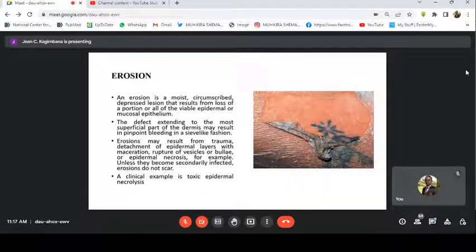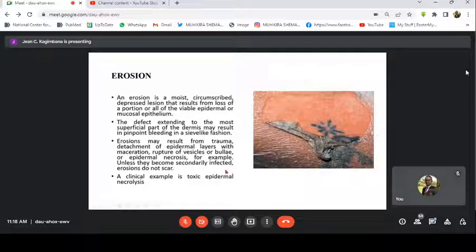You see here, the upper layer has gone. This is a sheet of the epidermis, one sheet of the epidermis. Now, this is just an erosion, like in a superficial, first degree burn.